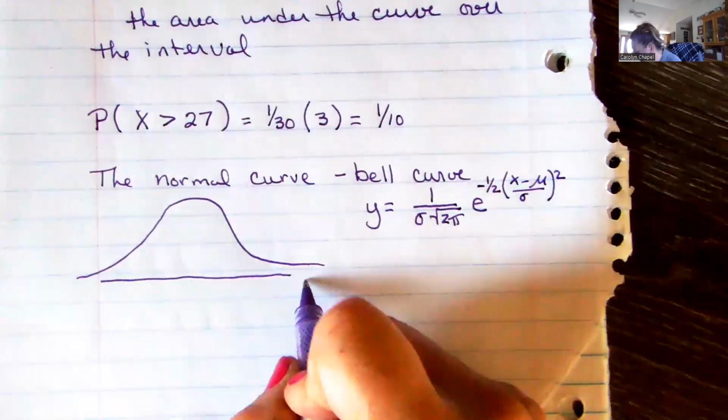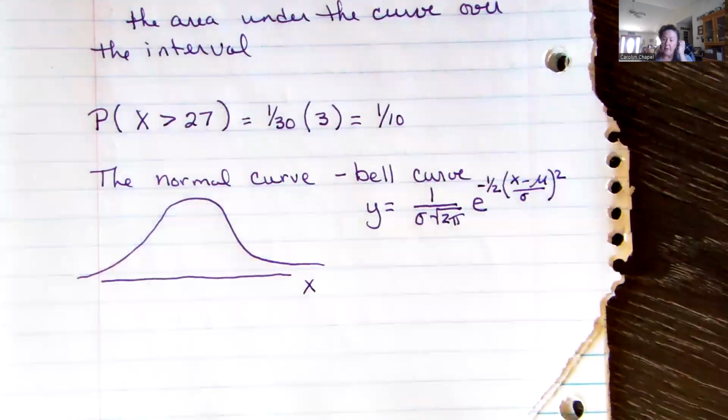Here x is the horizontal axis, and y tells us how high we are. You will never use that equation. It is used, though, to build all the technology that we use to evaluate things. But in most courses, we just learn how to use the technology that is based on that formula.